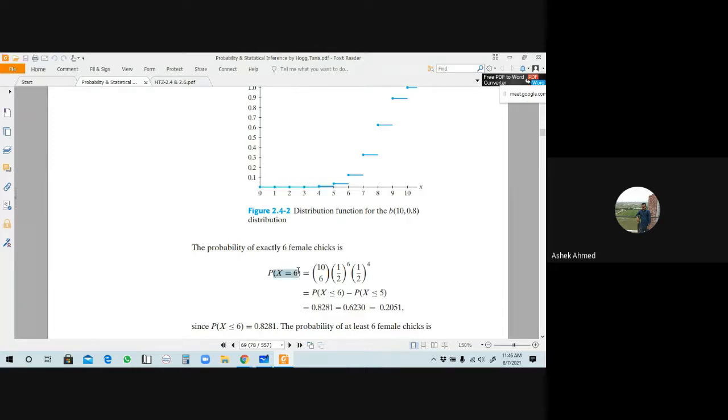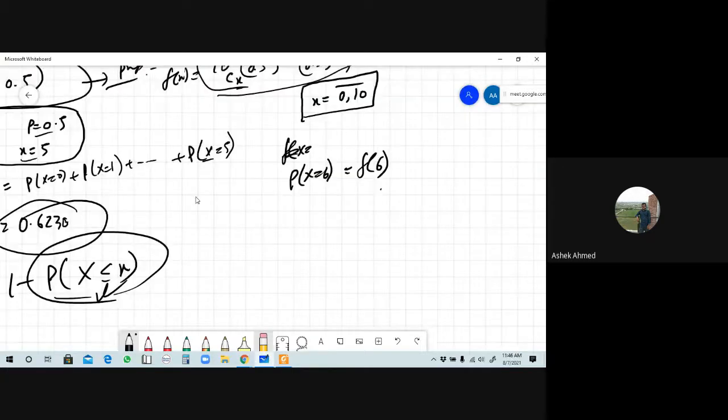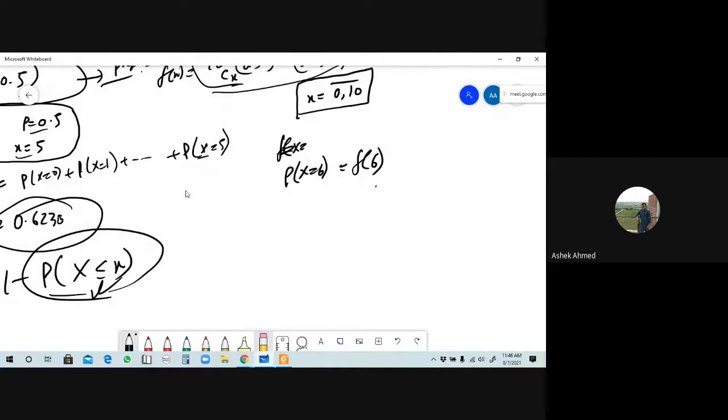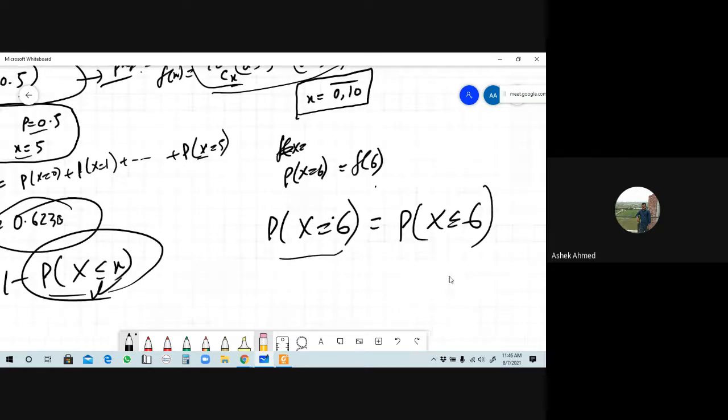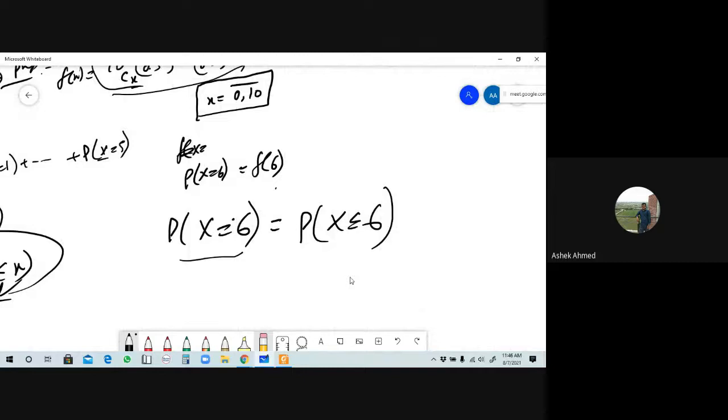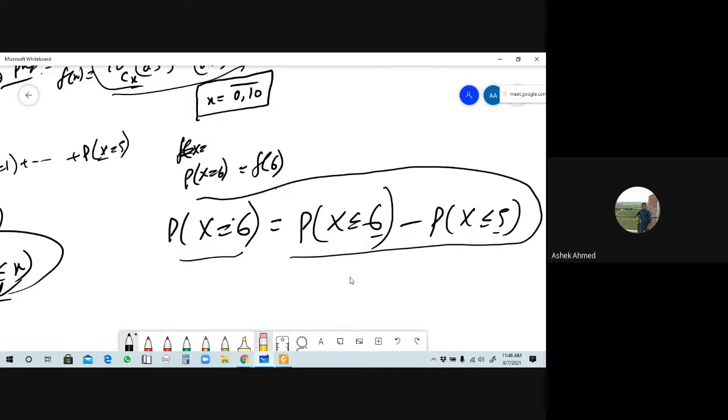Now if you want to find out this result by using table, okay, how can we get this result by using table? From here probability of x is equals to 6, this represents here probability of x is less than or equals to 6 minus probability of x is less than or equals to 5. এই যে আমাদের এক্সাক্ট 6 এর মান বের করতে হবে, যে টেবিল ইউজ করছো probability of x is less than or equals to 6 থেকে সাবট্রাক্ট করতে হবে probability of x is less than or equals to 5, তাহলে 6 থেকে 5 minus সাবট্রাক্ট করলে you will get your desired result.